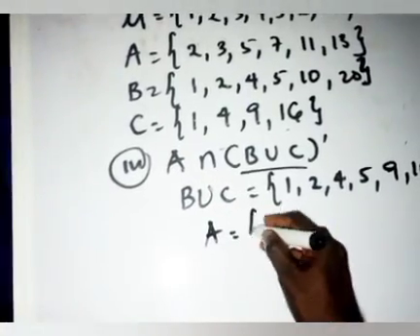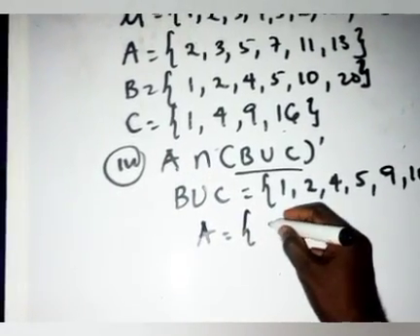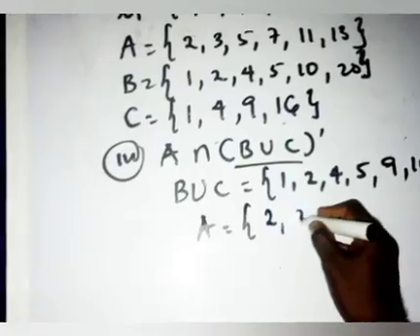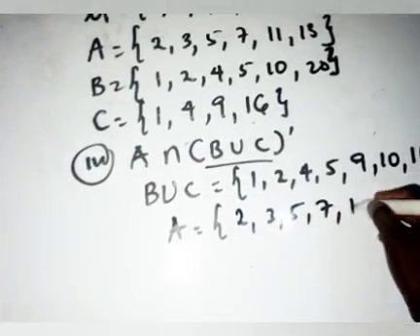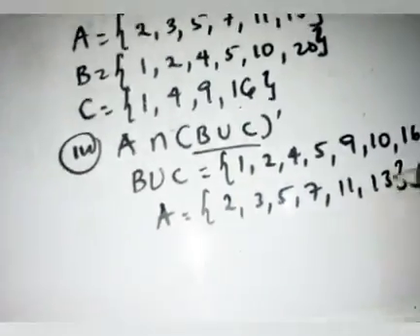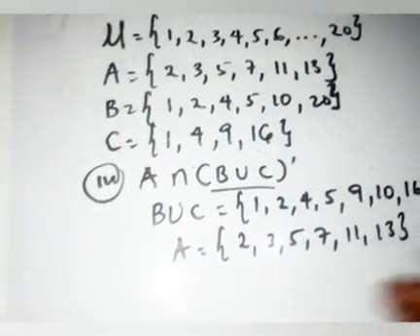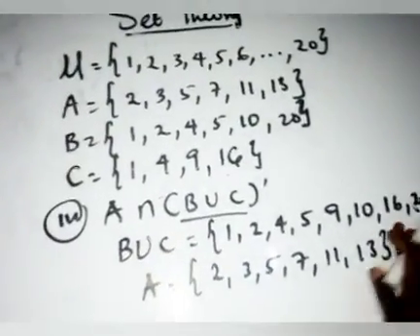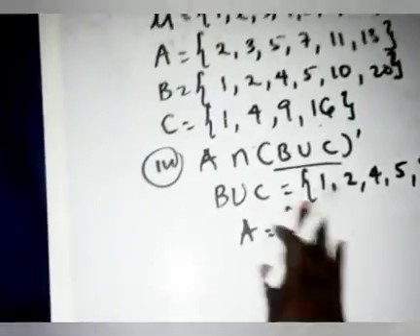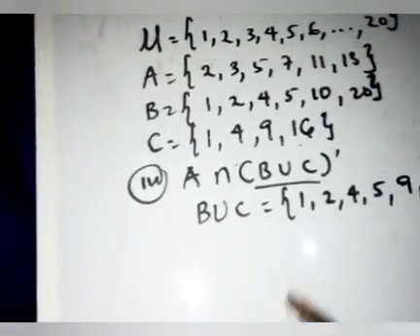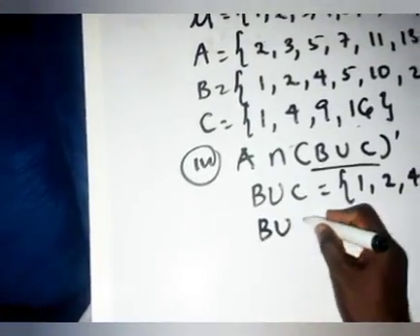Then our A is 2, 3, 5, 7, 11, and 13. So you have to find B union C prime. What will be B union C prime?